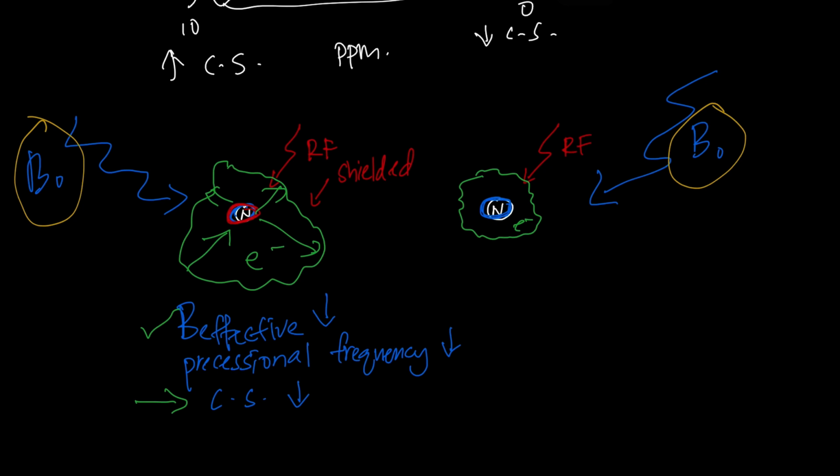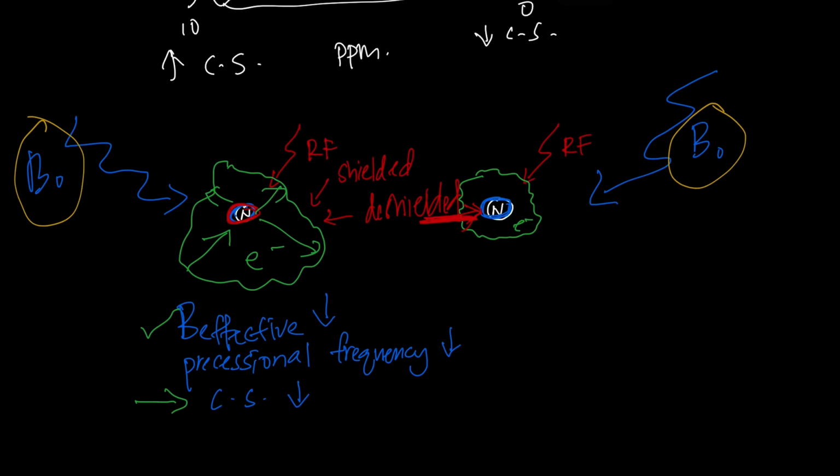And let's look at the one which is de-shielded. This nucleus is said to be de-shielded because of the thin electron cloud compared to the other nucleus, or less shielded.